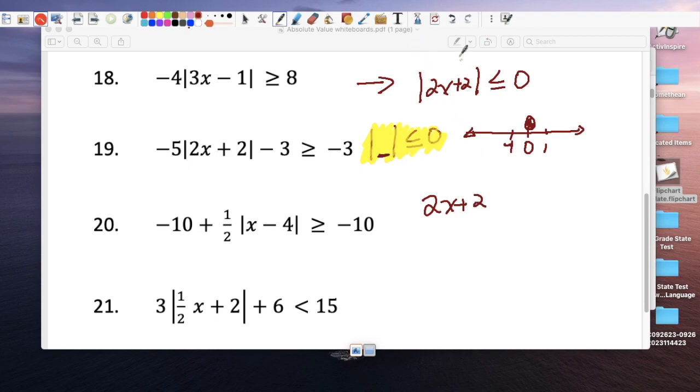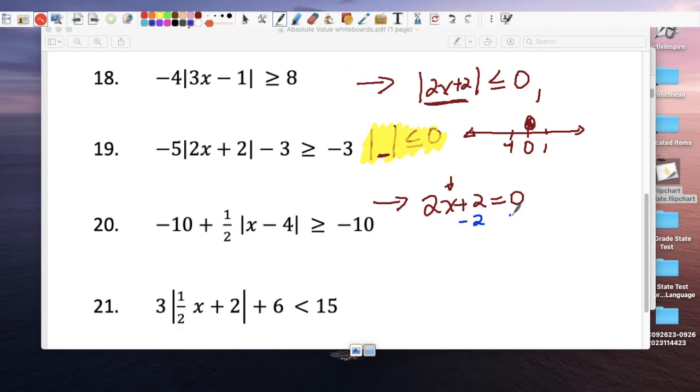This 2x plus 2 is not going to be less than a number, it's not an and problem or an or problem, but I need to figure out what I can replace x with so that the expression equals 0, because it's the only condition that works here. Any other value is not going to work. Based on that, this is the equation that I'm going to set up.